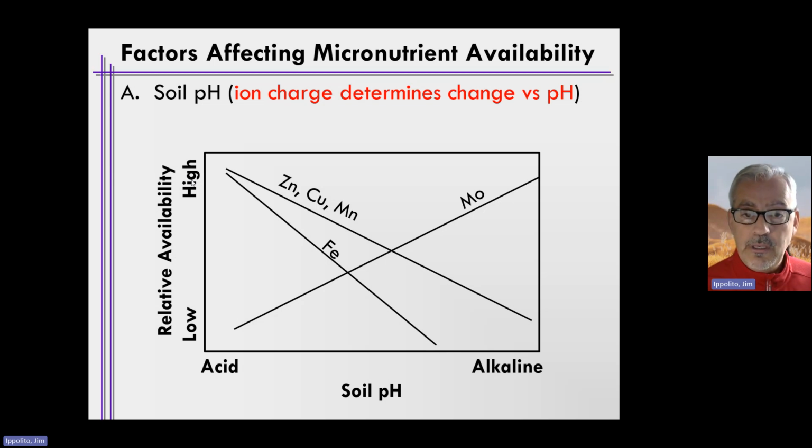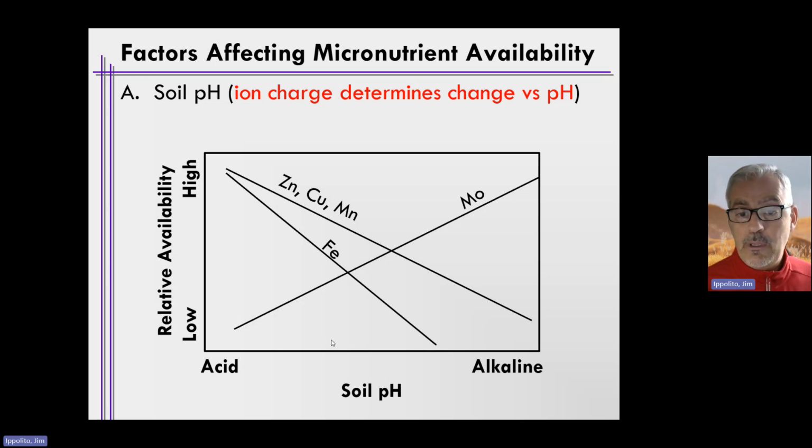And you'll note that at least for these four elements, zinc and iron, as well as copper and manganese, their availability increases as pH decreases. The availability of these four micronutrients for plants increases as soil pH decreases.